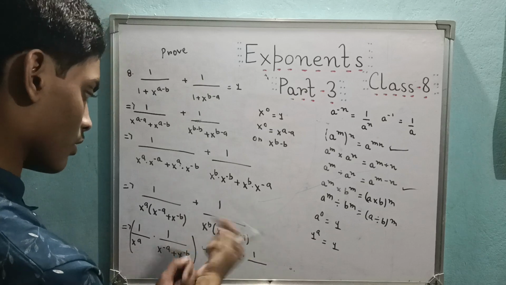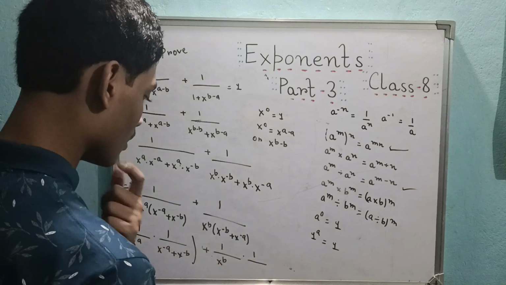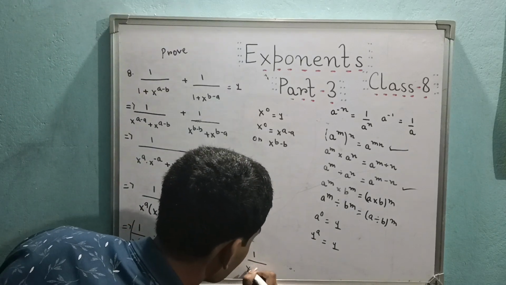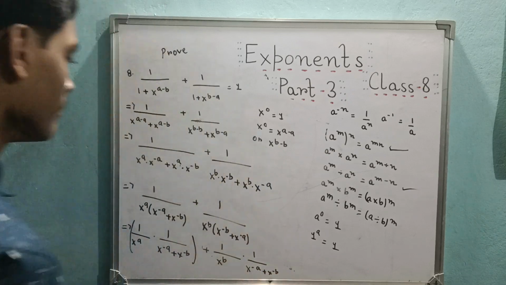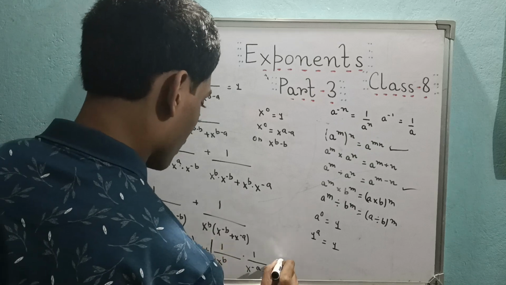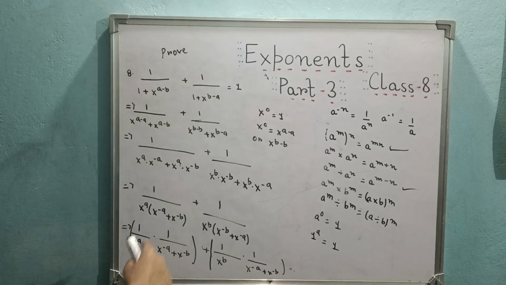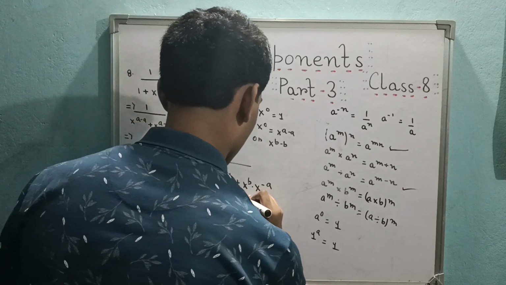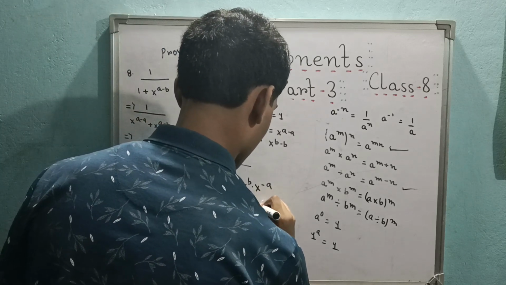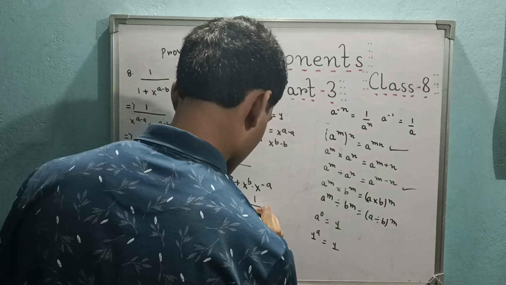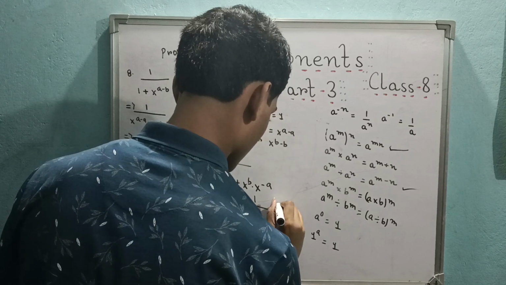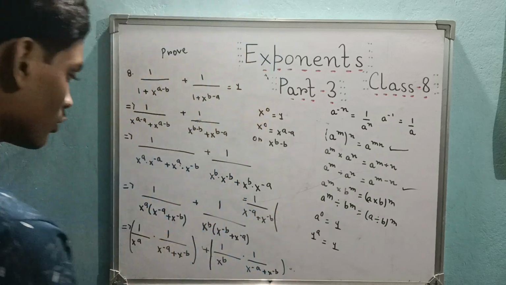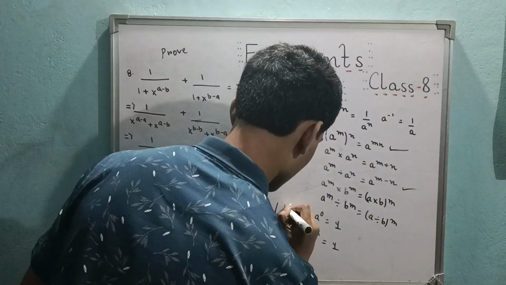You can just reverse it, x to the power minus a plus x to the power minus b. Done. Now what we can do? Let's take 1 by x to the power minus a plus x to the power minus b common, which gives 1 by x to the power a plus 1 by x to the power b.